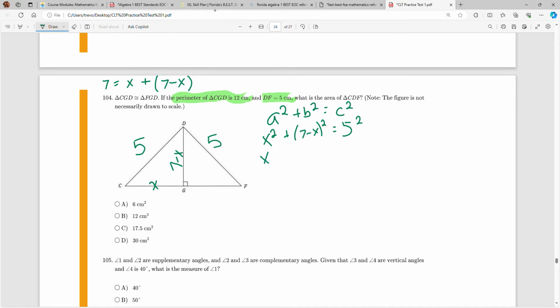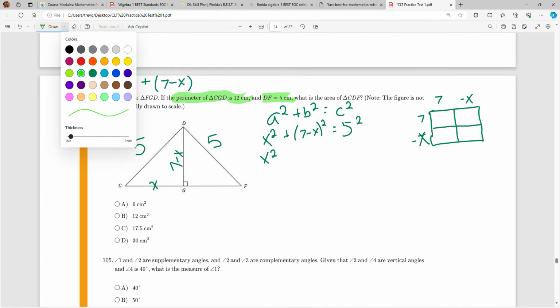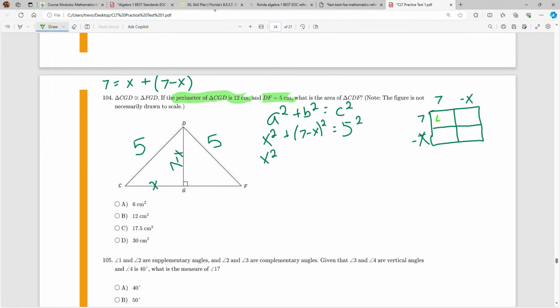So we got x squared over on the side. I'm going to multiply 7 minus x, 7 minus x. And 7 times 7 is 49. 7 times negative x is minus 7x. 7 times negative x is minus 7x.